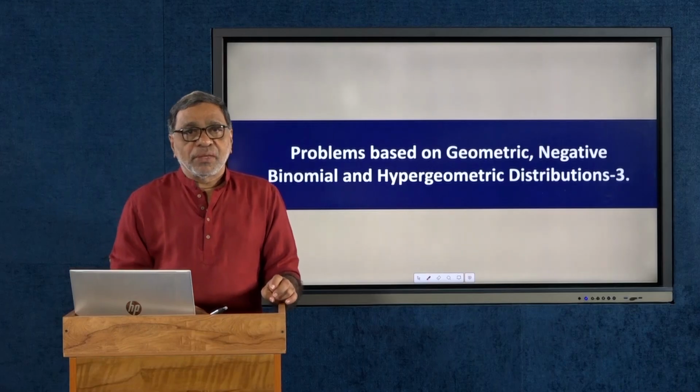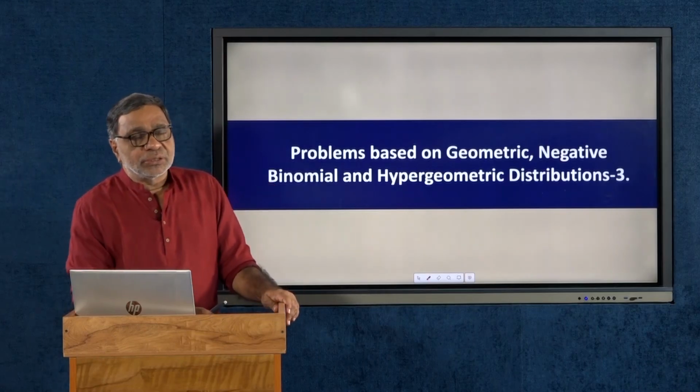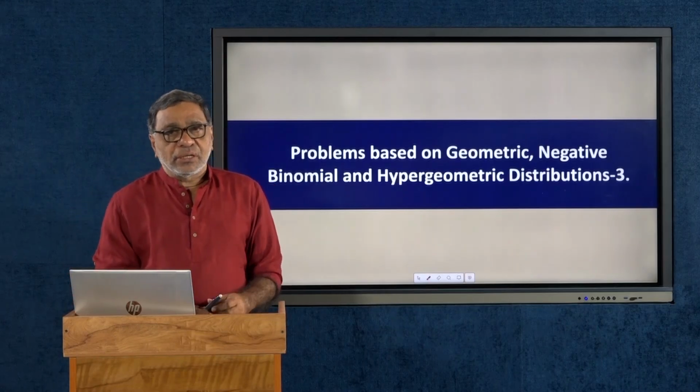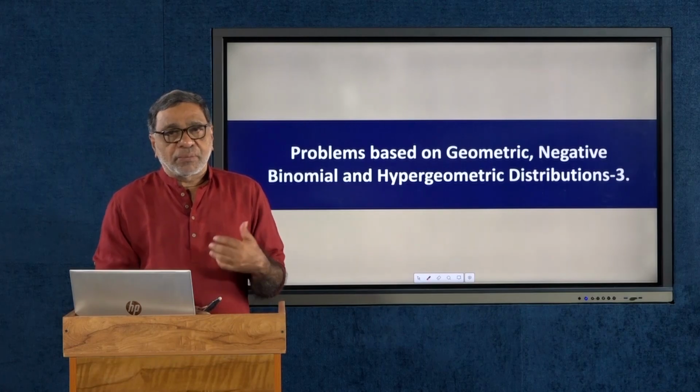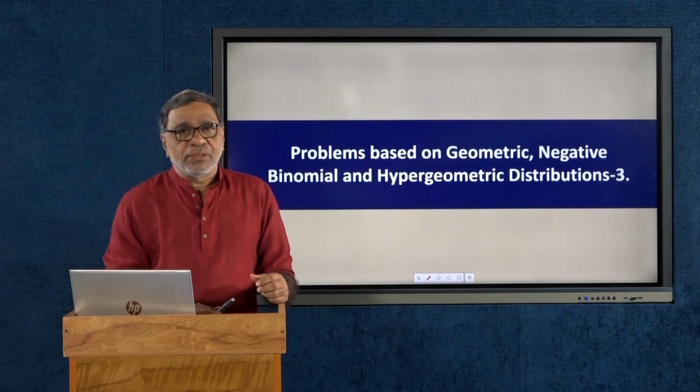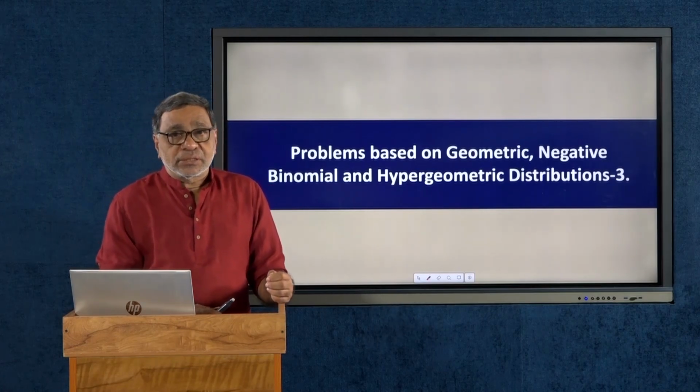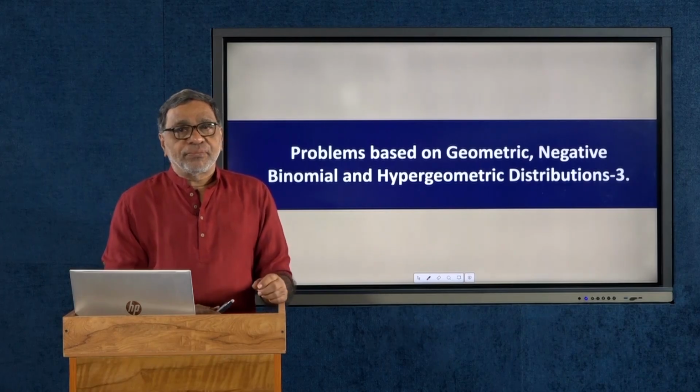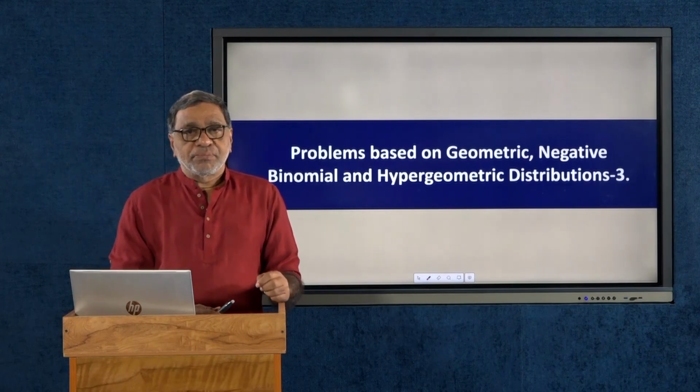We know the negative binomial distribution is a distribution representing a discrete random variable, that is, the number of failures preceding R successes.